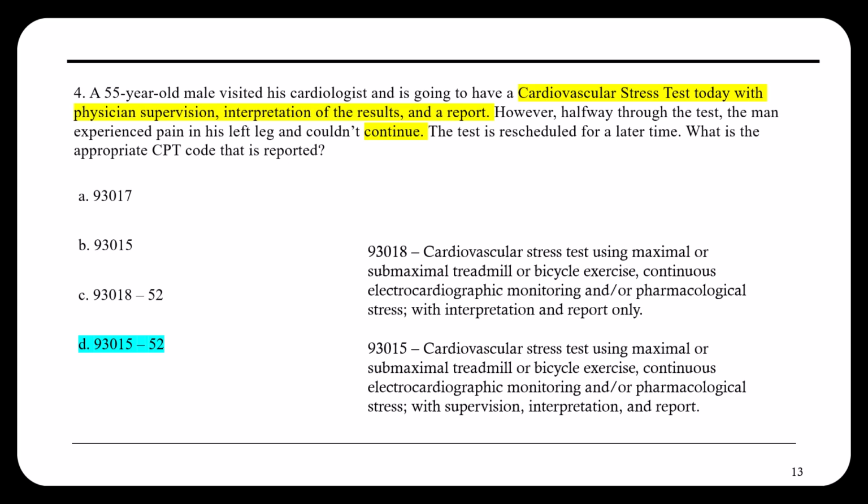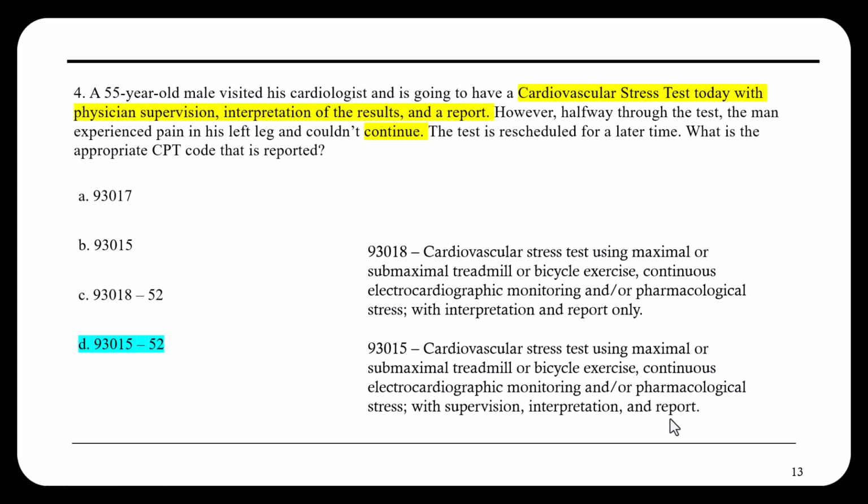93018, it is a cardiovascular stress test, but if you look down toward the last few words, with interpretation and report only. But if you look down at the bottom of the cardiovascular stress test, 93015, there is supervision, interpretation, and report.